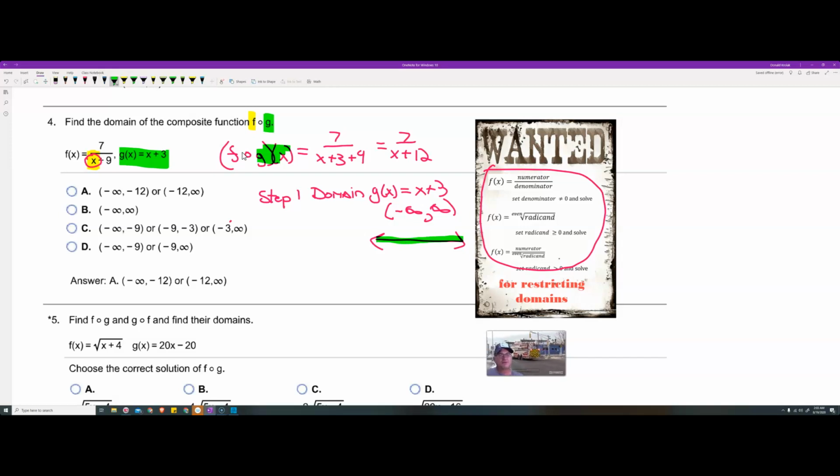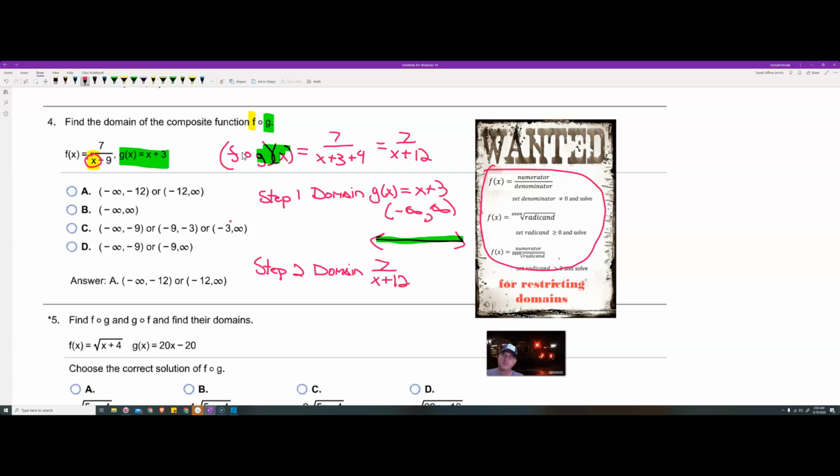Now we do the domain for our second step. We do the domain of 7 over x plus 12. There I've got a denominator that's got a variable in it.